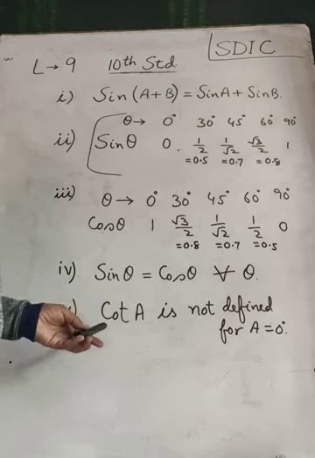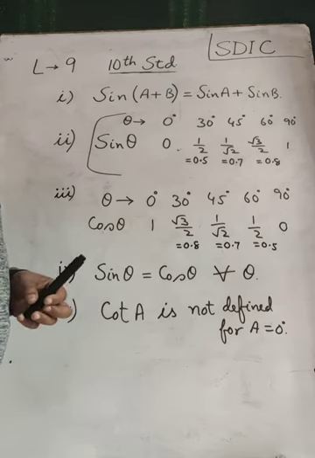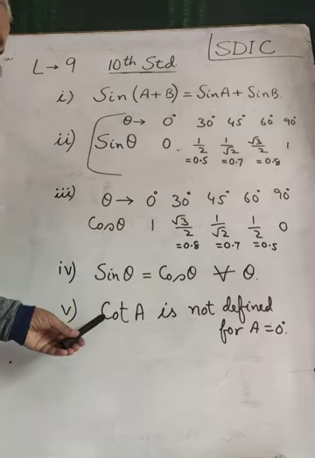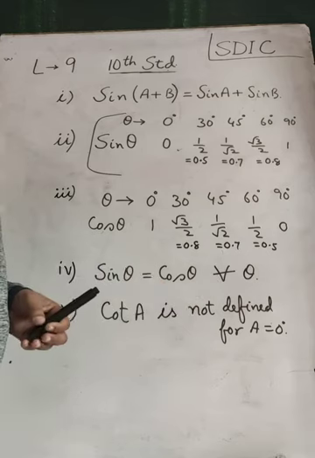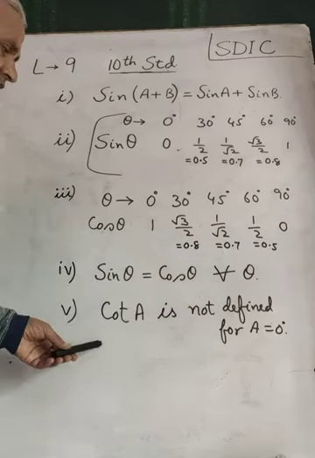So what will you do in order to answer this question? From the table find cot 0. It is not defined there. The statement here also says it is not defined. This statement is therefore true.